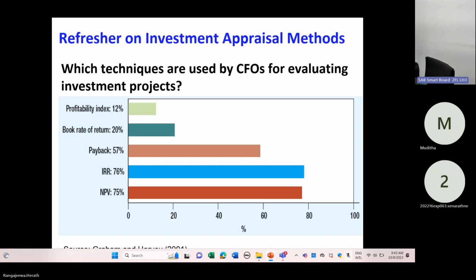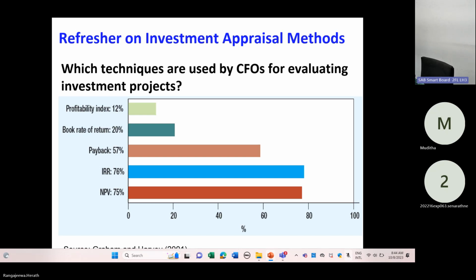When you calculate the present value of that 15 million, it becomes 12 million after discounting. Then today you spend 10 million, and the present value of net cash inflow is 12 million. So the net present value is a 10 million outflow and a 12 million inflow, a 2 million positive net present value.